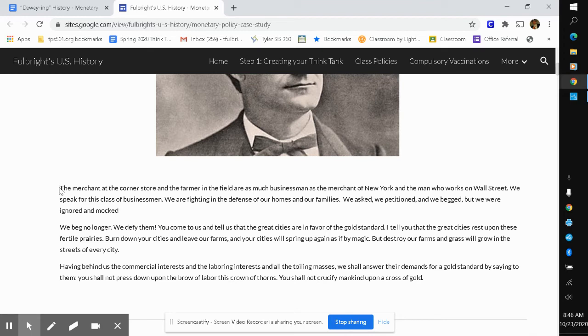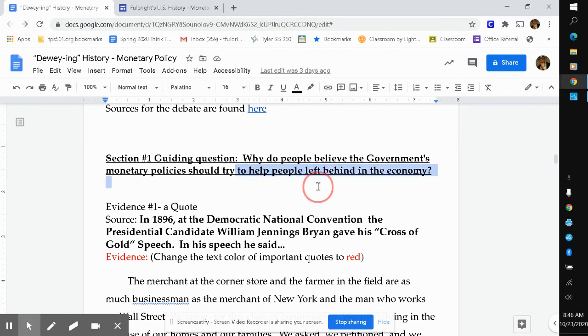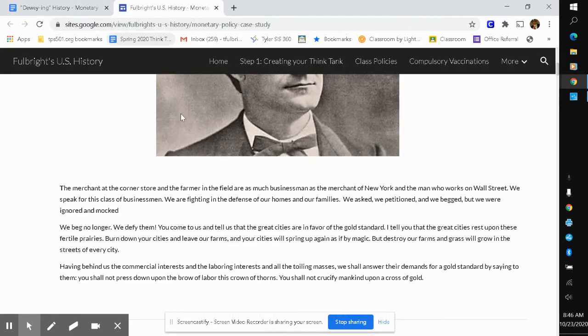So what in this speech are his reasons for why the government should focus on helping people left behind in the economy? Who are the people that the government should be trying to help?